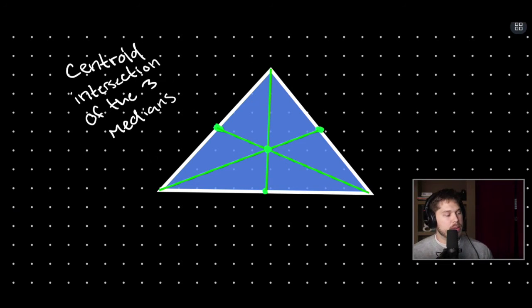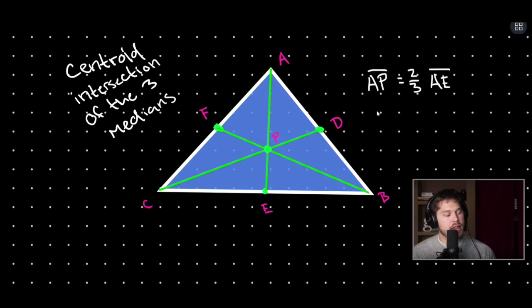And then the intersection of these points is our centroid. Now something interesting about our centroid is, here, let's label these points. We'll have points A, B, and C, and points D, E, and F, and we'll call our middle point P. So our centroid is point P. Something interesting about the centroid is that length AP is going to be equal to 2/3 of the full length AE.